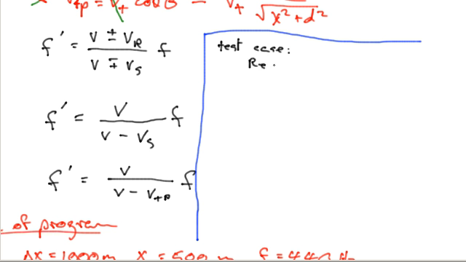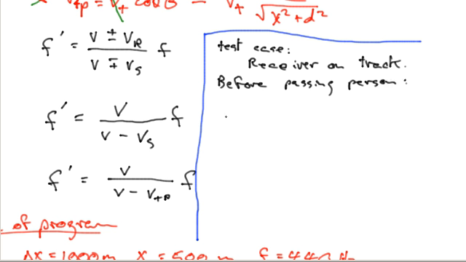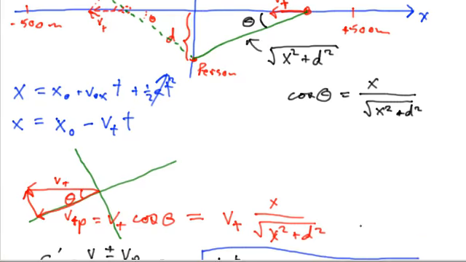Receiver on track. So before passing person, F prime equals V over V minus VTP, which is just going to be 343. Oh, there we go. Didn't put that in there either.